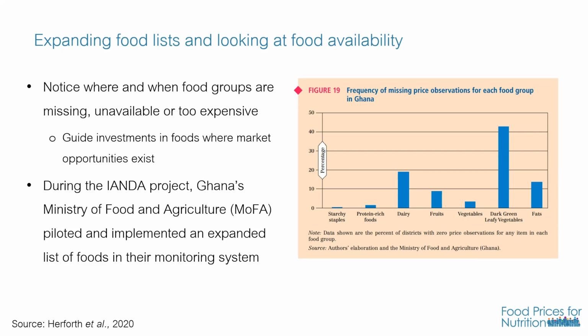And during the Yanda project, which I mentioned earlier, Ghana's Ministry of Food and Agriculture actually worked with and piloted and implemented an expanded list of foods in their monitoring system in order to be able to track the cost of a healthy diet. And so it is possible to work with those who are already collecting food prices to expand the lists of what they're collecting.